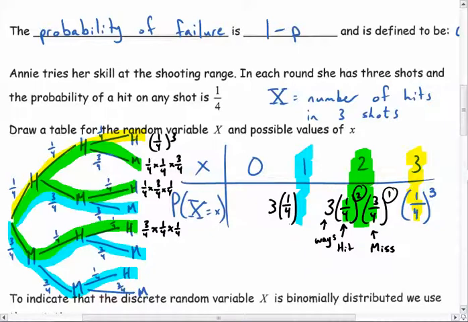We have hit happening once and miss happening twice. So for each of those blue lengths of the tree, we're going to have 1 1/4 and 2 3/4. So we have 1 hit, which is 1/4, and 2 misses, which are both 3/4 probability.